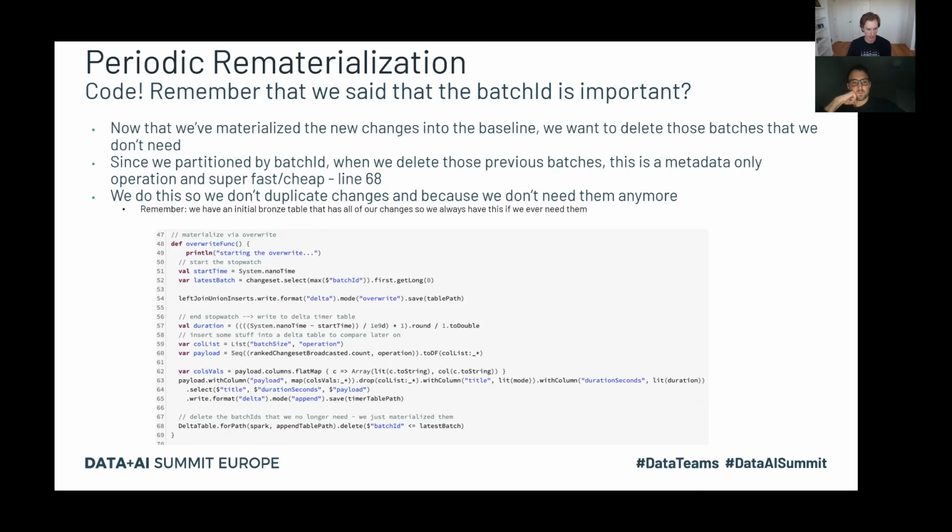If we check line 68, we're going to use these Delta APIs to delete where batch ID is less than or equal to the latest batch, which we pulled up here by looking at the max batch ID. This is a super easy metadata only operation to delete data out of this Delta table. So the normal stuff you see here is our overwrite, but then we have to make sure we clean up that append only table within the materialization.